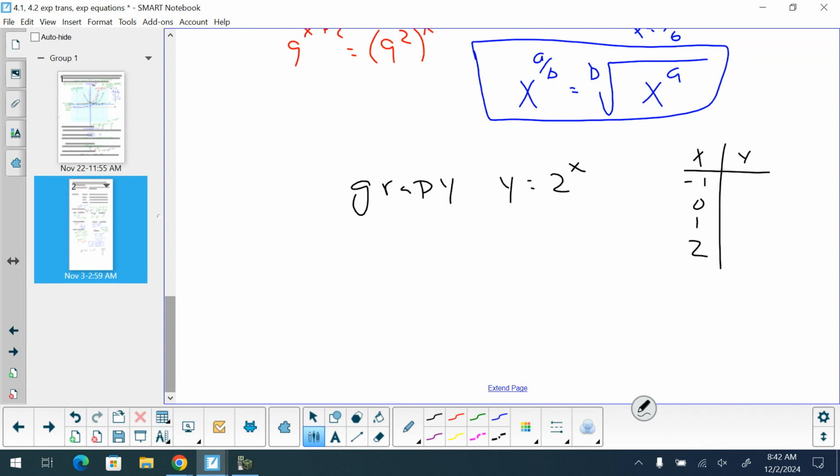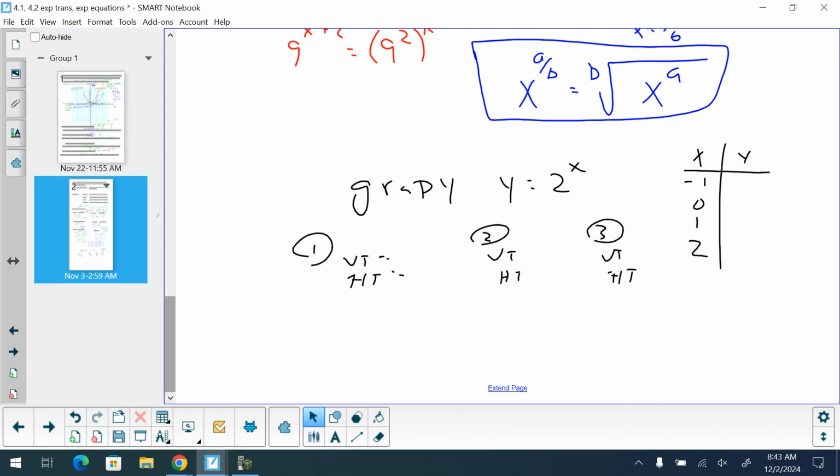And then for each one of them, what is your vertical translation or horizontal translation? Rather than plugging in values into the function here, just work your vertical and horizontal translations.